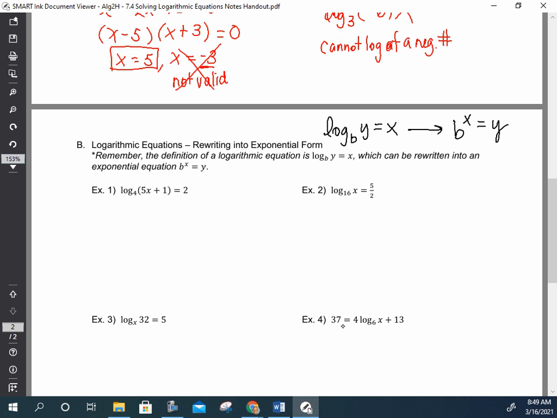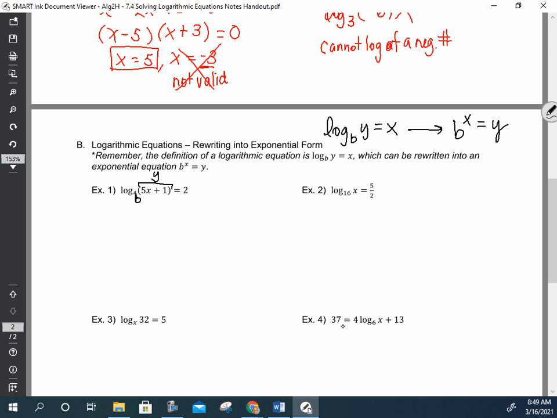So let's launch right into it with example number 1. Example 1, you have log base 4 of 5x plus 1 equals 2. So your 4 is your base. 5x plus 1 represents the y component.